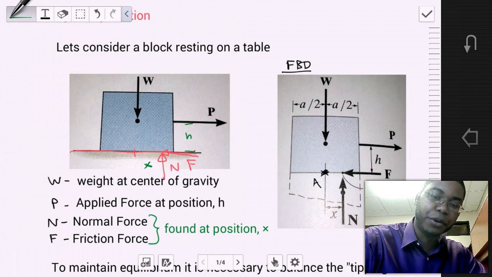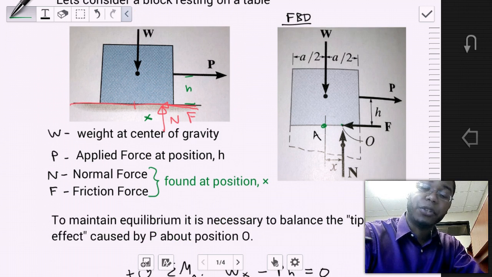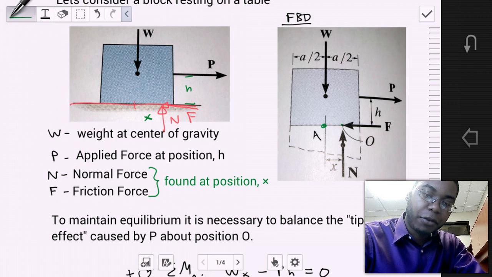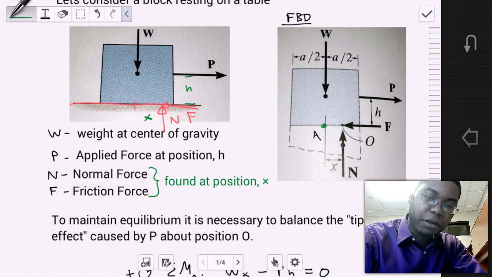A over 2. What is the position of the applied force P? It's h. What is the position of the frictional force F? It's at a distance x from point A. So we have our free body diagram, and we've identified the positional information for each of the given forces and for the unknown forces.